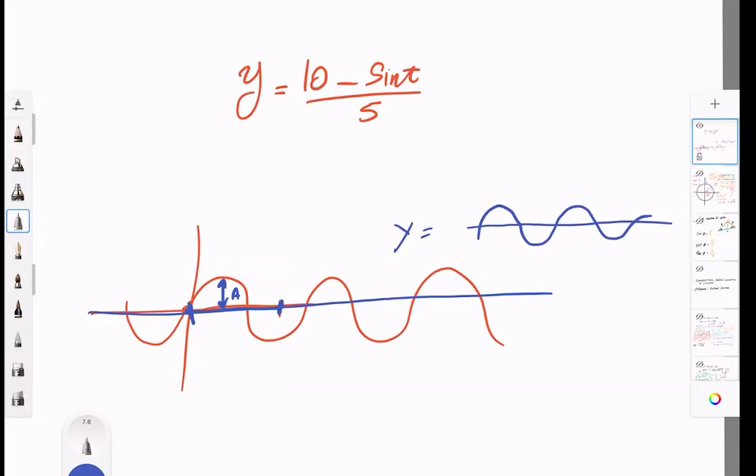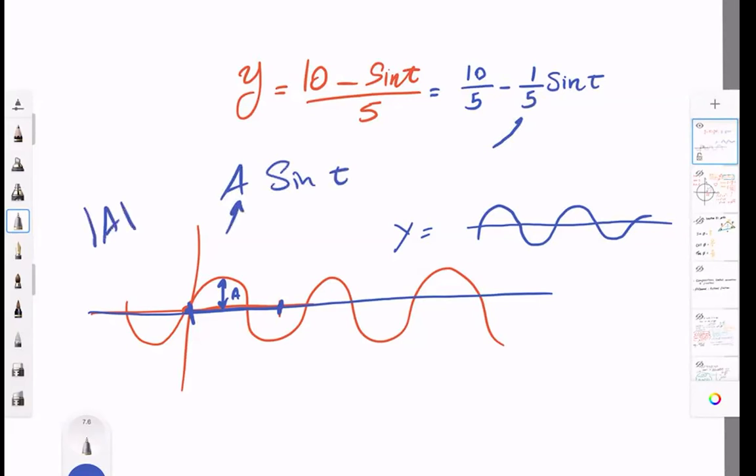In order to do this, we simplify. This is like 10 over 5 minus 1 over 5 sine of t. So the amplitude here will be 1 over 5. For A sine of t, the absolute value of A is the amplitude.